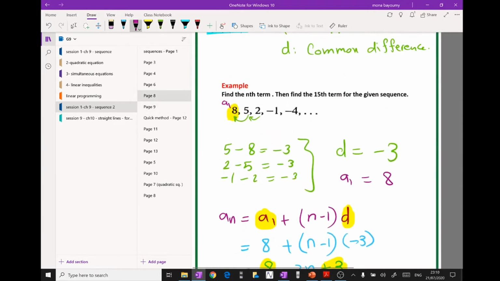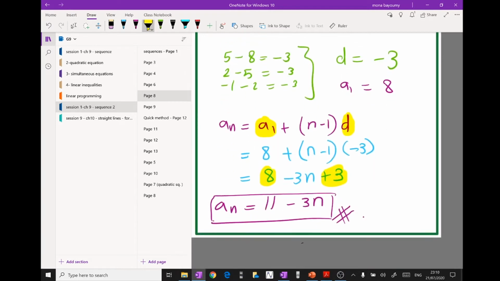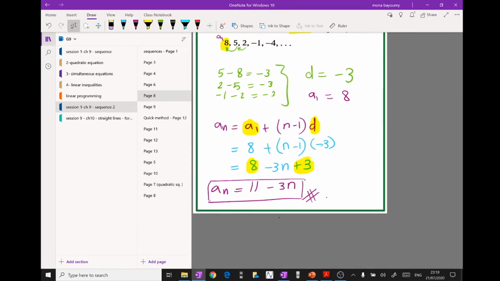We forgot to find the 15th term. To find the 15th term, I will just substitute n by 15.